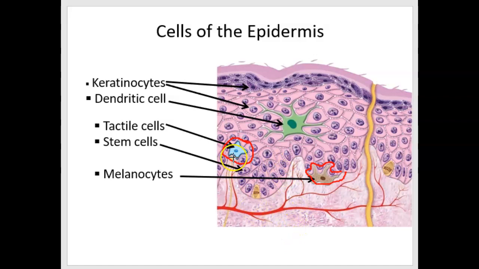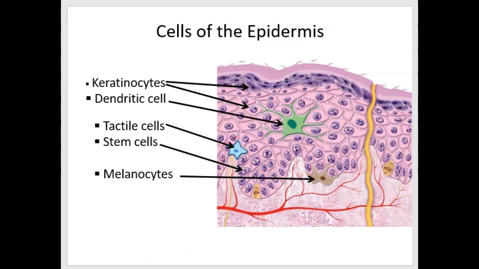These cells are attached to a nerve ending, and so they detect pressure. When pressure gets as deep as the stratum basale, that triggers this tactile cell to send a signal to the nerve cell, which carries it through your nervous system.